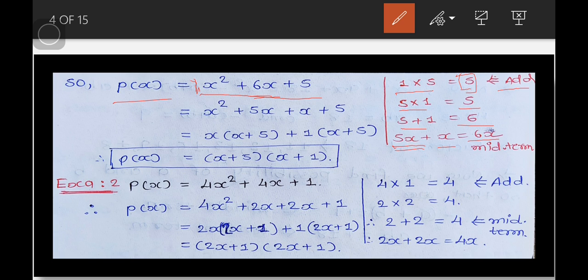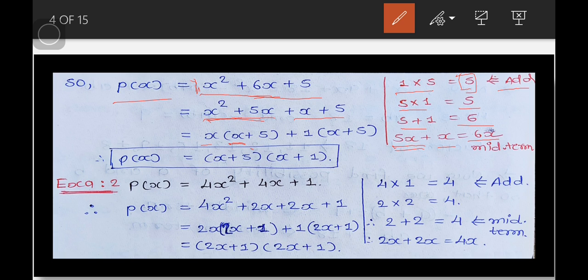Now we divide the terms of the polynomial into groups, that is, the first group here and the second group here. In the first group, x is a common value, so we extract x from both terms. When we extract x from x square, we get x, and we put it in a bracket; the remaining part we put in another bracket.